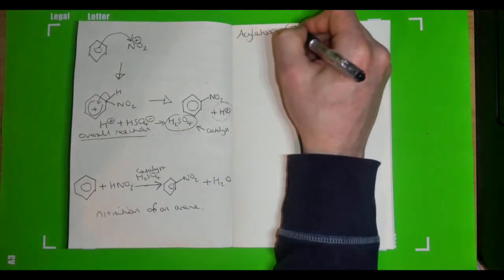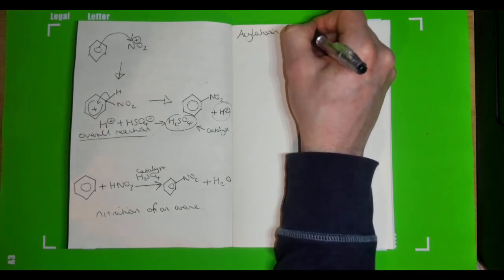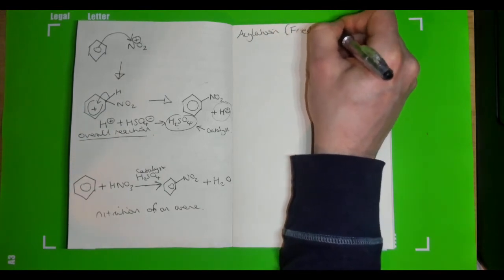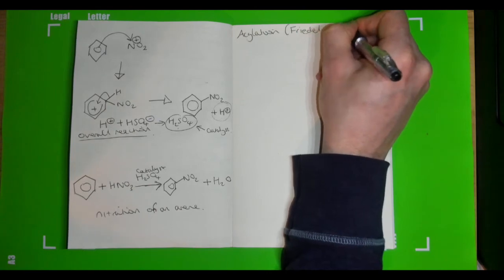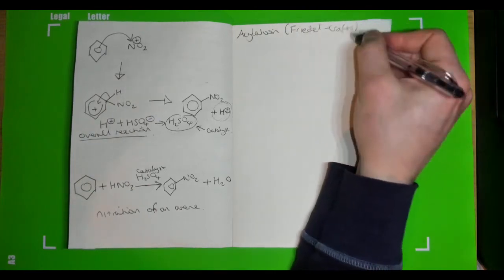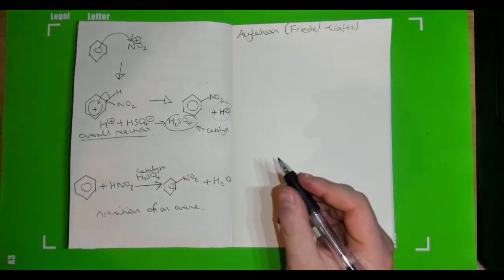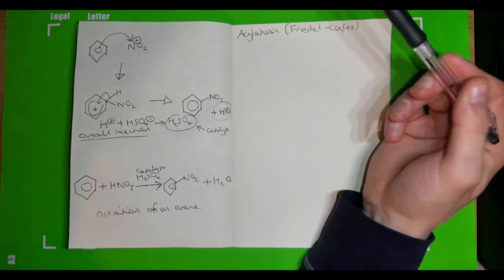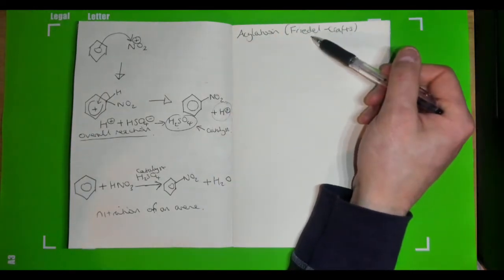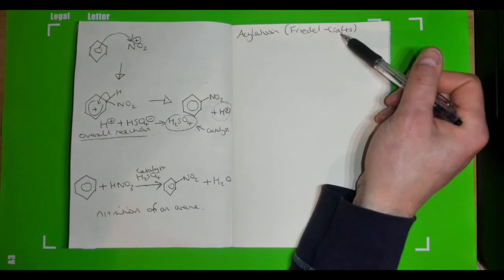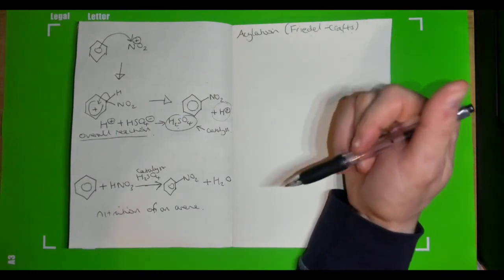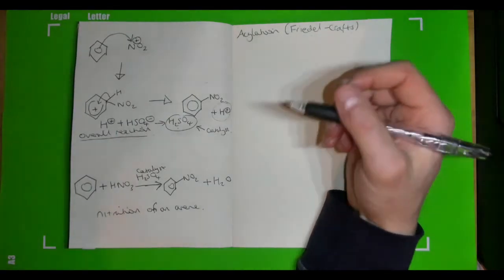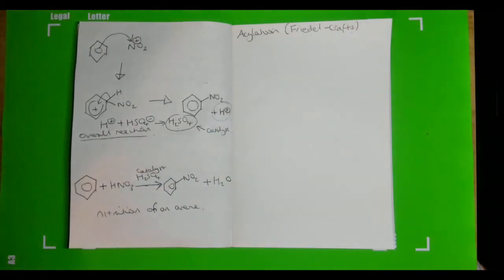So whenever you see the word Friedel-Crafts written down, it means the same thing. Sometimes you call it Friedel-Crafts acylation, okay? And it's named after two chemists called Charles Friedel and James Crafts, who came up with this mechanism, okay? So again, it's an electrophilic substitution reaction, this particular reaction.